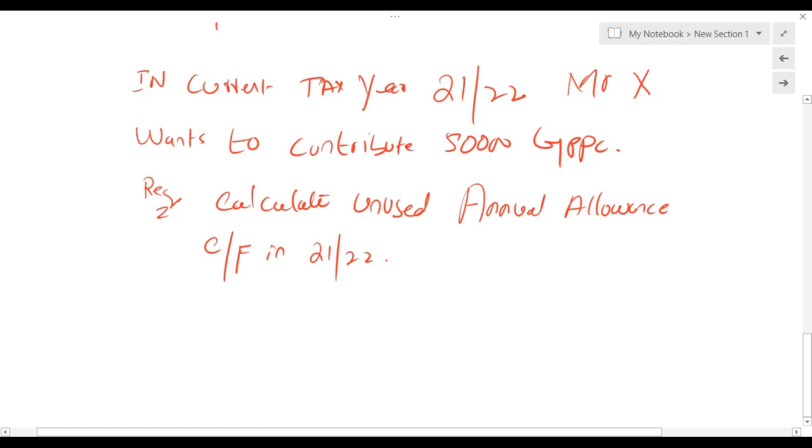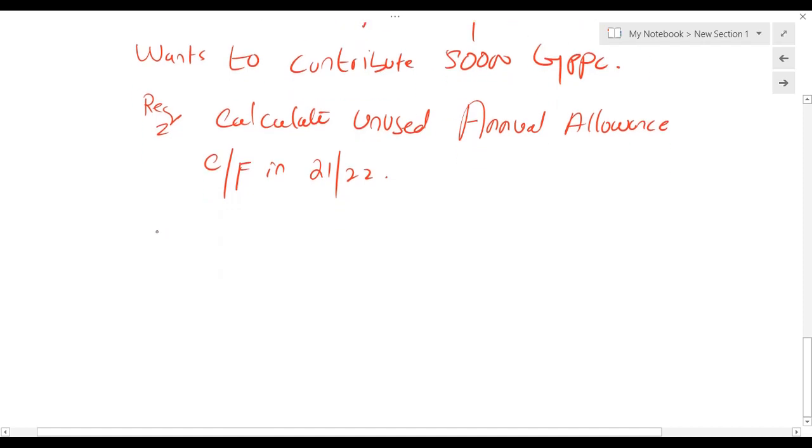After that, if you still have contribution after using the current year annual allowance limit of 40,000, then you have to go back 3 years from your current tax year and utilize your gross PPC, your pension contribution, from unused limits. Let me explain this through my answer.